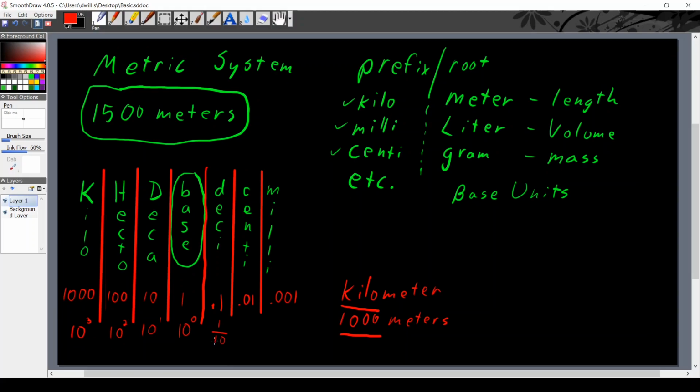I wanted to show you how that happened, but now I'm going to express that as 10 to the -1st, this one is 10 to the -2nd, and this is, of course, 10 to the -3rd.